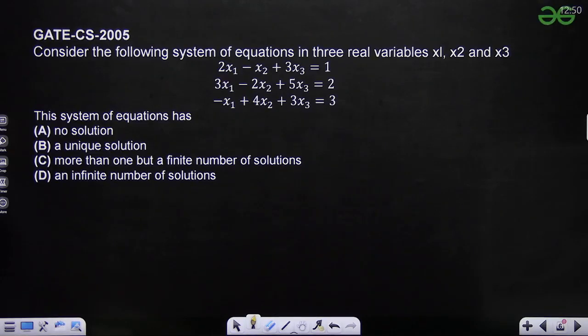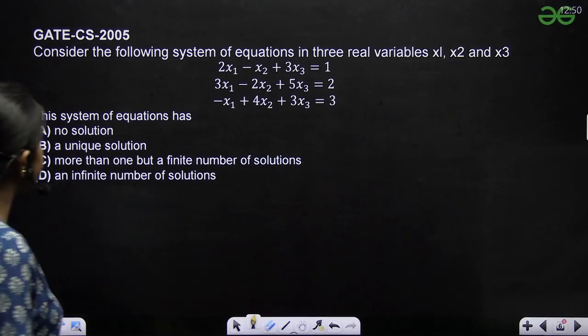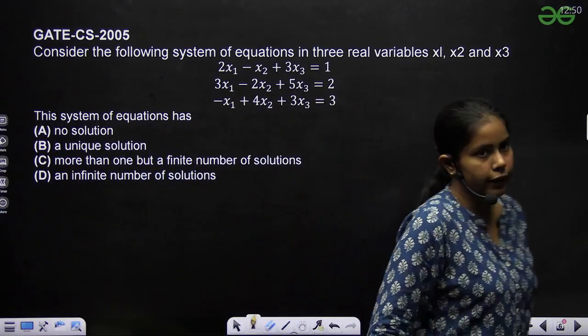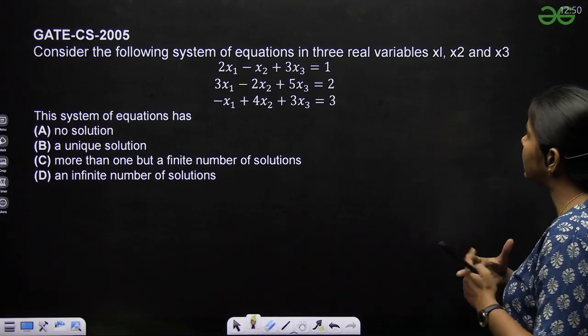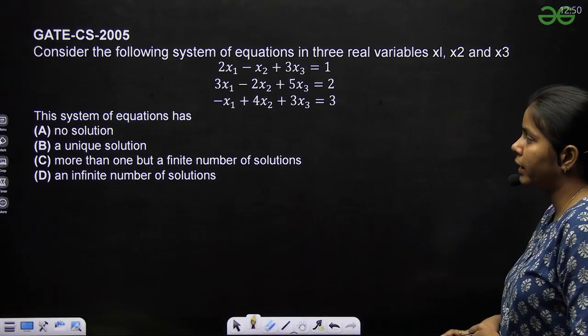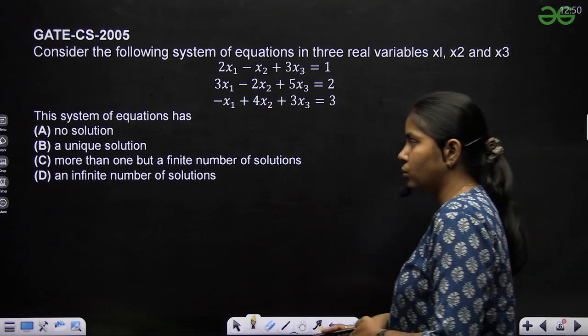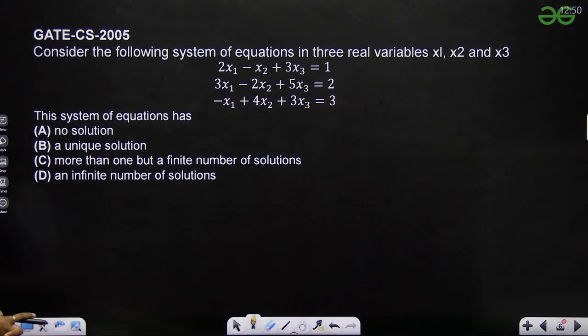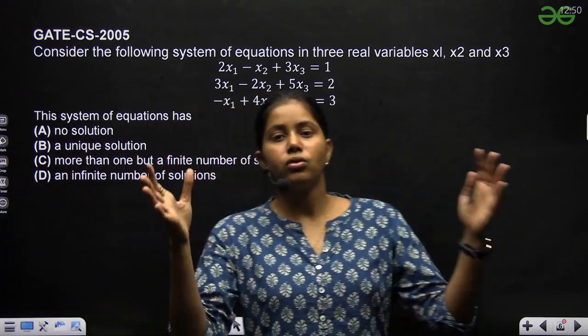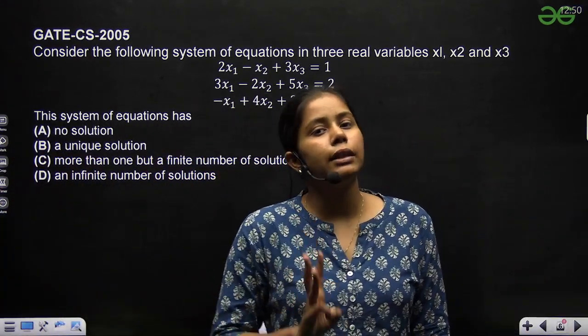Let's see some questions. This is a question asked in GATE CS 2005. Consider the following system of equations in 3 variables, x1, x2 and x3. This system of equations has no solution, unique solution, more than one but a finite number of solutions, or infinite number of solutions. One thing you would remember is that for a system of linear equations, we have only 3 types of solution.